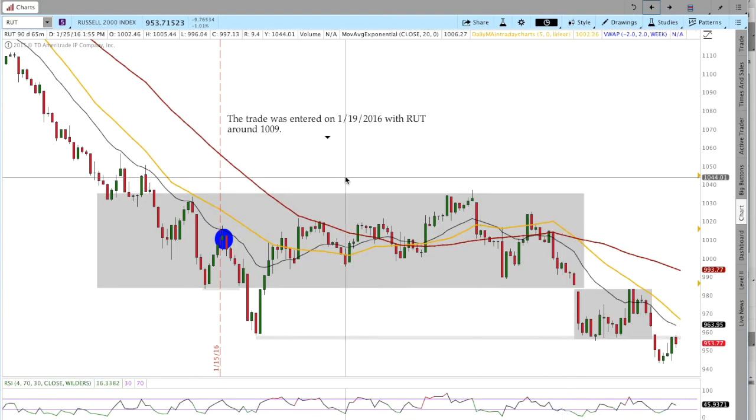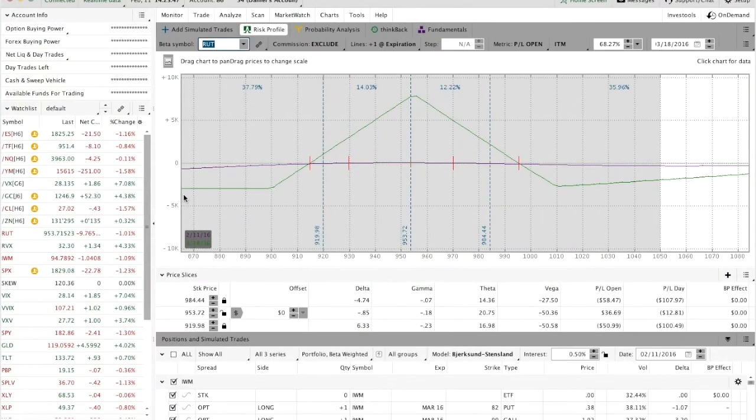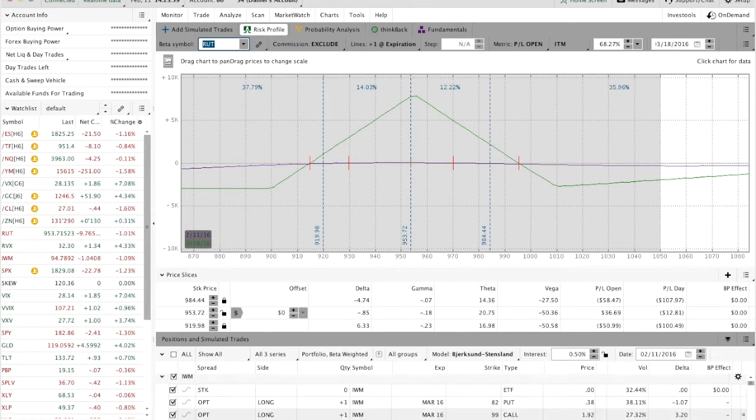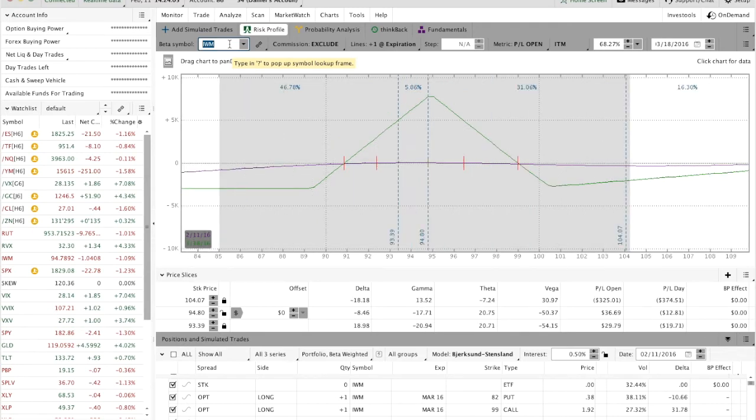So let's go ahead and jump over and take a look at the position itself. So this is the trade. Right now we have two butterflies centered at 955, and the long strikes are 55 points out on either side. I also have a couple of IWM calls, the 99 and the 100, and I'm just trying to get these IWM prices to populate.